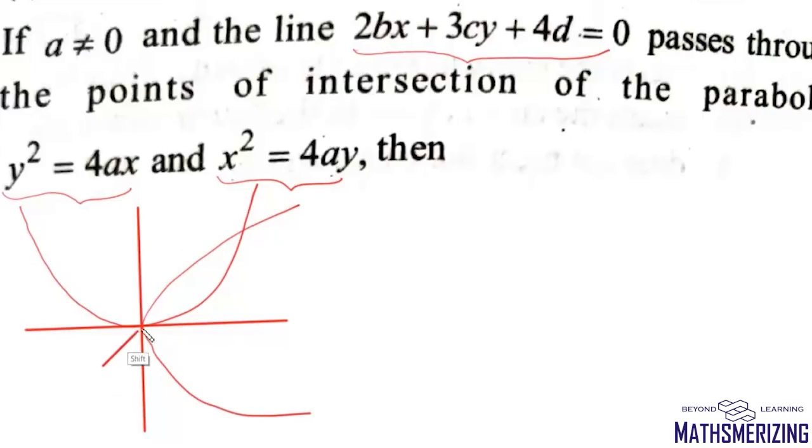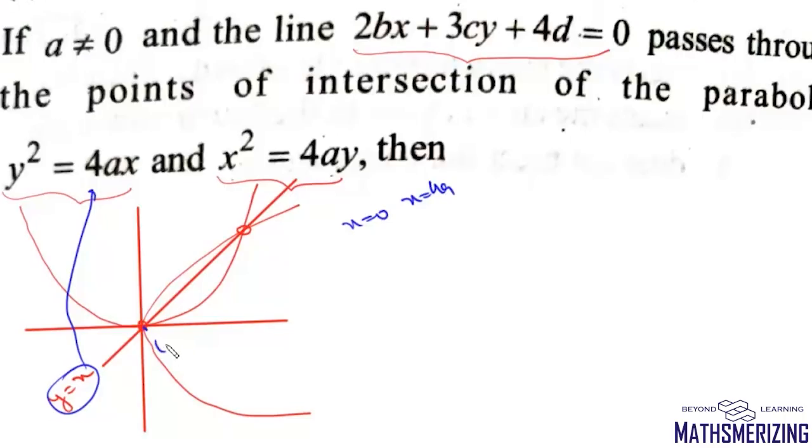They are symmetric about y is equal to x line. So we'll interchange x and y, we'll get these two equations. So both the points of intersection for these parabolas will lie on y equals to x line. So we'll just replace y with x, then we'll get x as 0 and x as 4a. So these two points of intersection will be 0, 0 and then 4a, 4a.